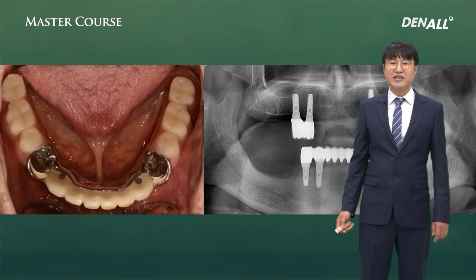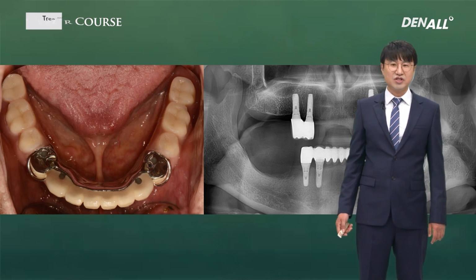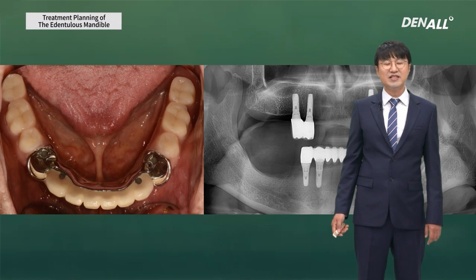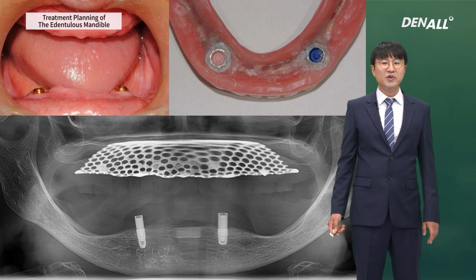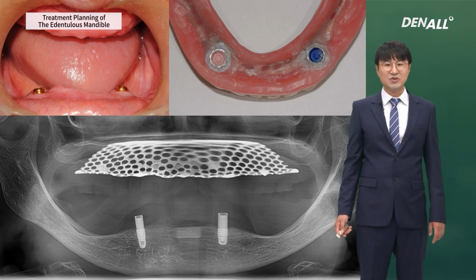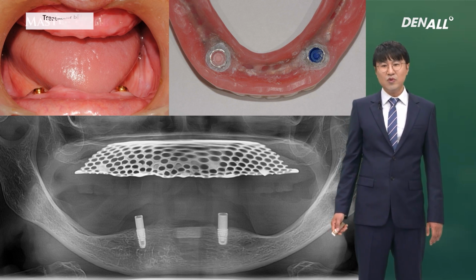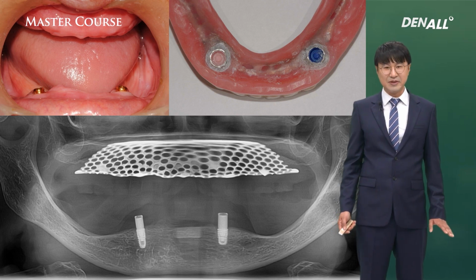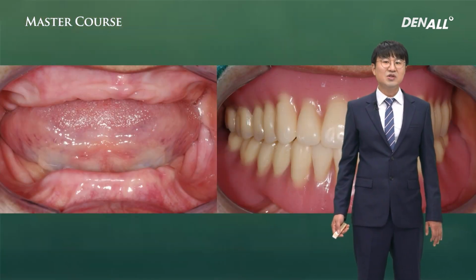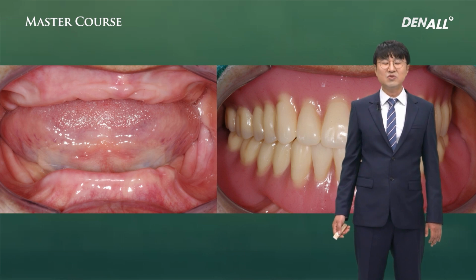Thirdly, IARPD indication, where there's less bone on the posterior side and the space is less than 11 millimeters. Fourthly, overdenture, where there's less bone on the posterior side and space is about 12 to 14 millimeters. And lastly, overdenture where space is more than 15 millimeters.